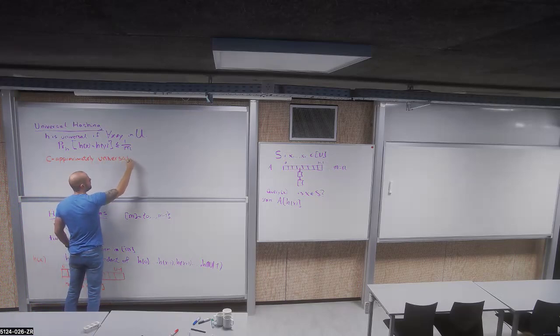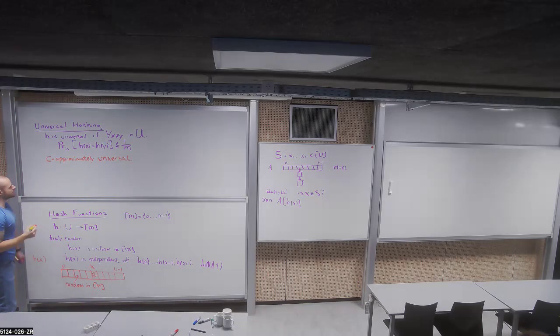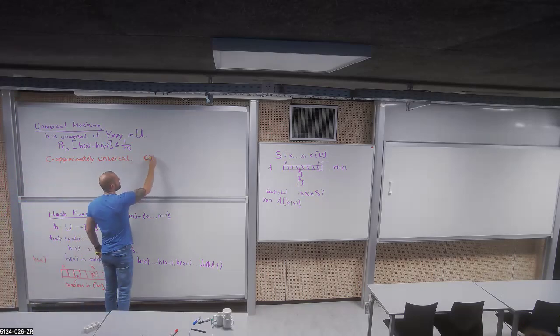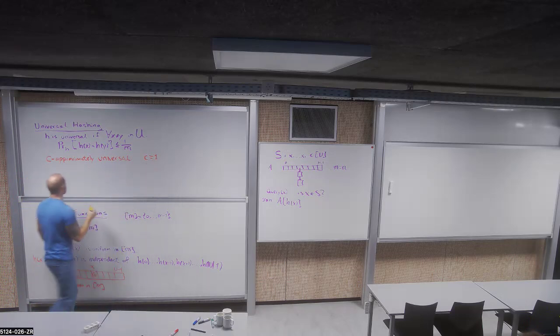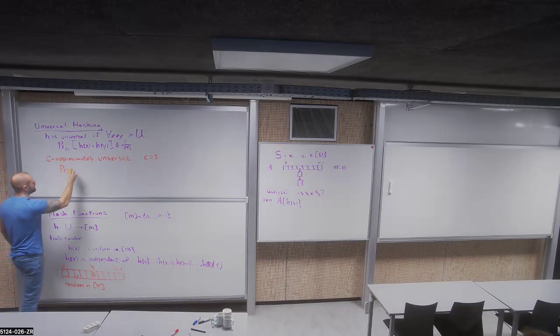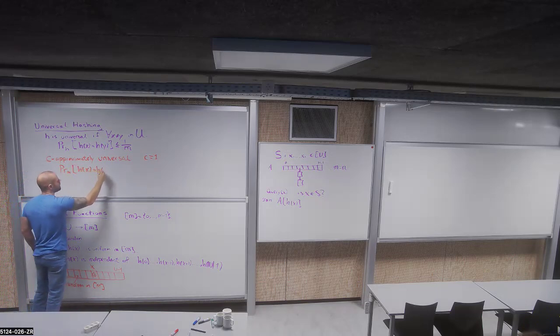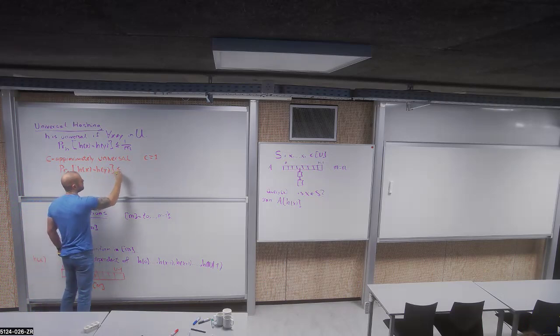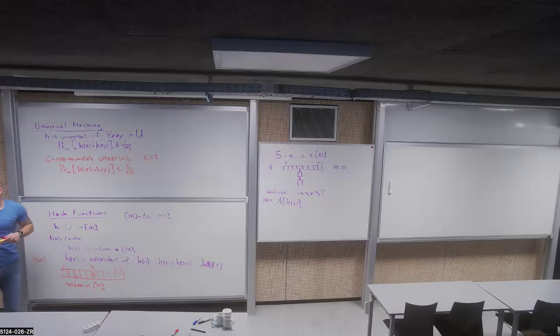Here, think of C as some small constant. Then it has this property: if I look at any 2 distinct keys, the probability they hash to the same is no more than C divided by n. This is a slightly relaxed requirement.